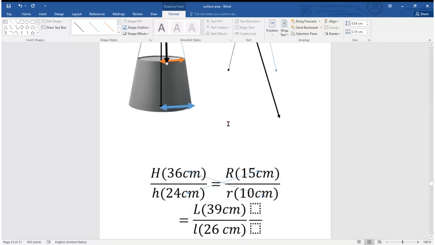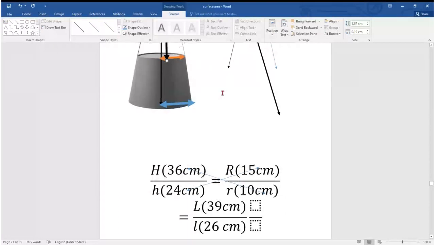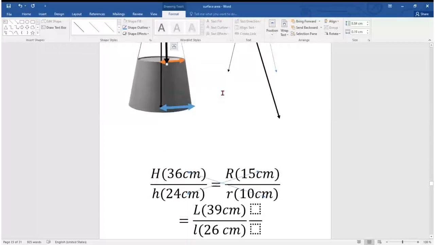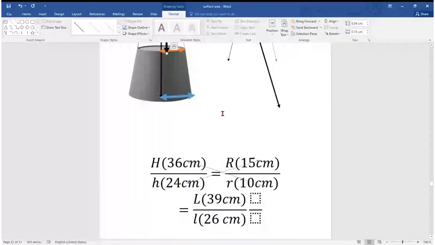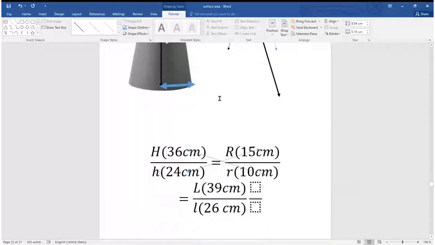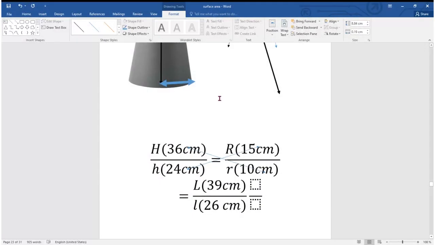The height was 6 centimeters. Before that, let me see. H was what? Let me come back, because this one is already solved. So this one was 12 centimeters.